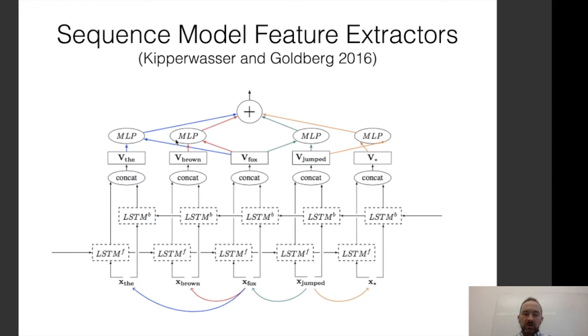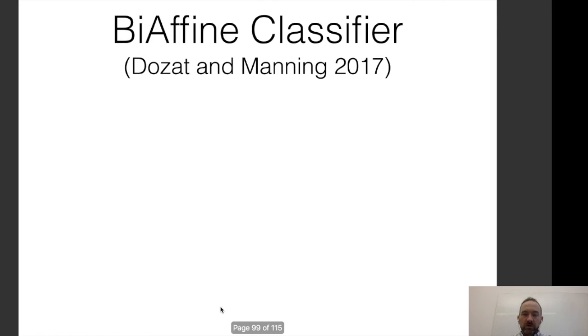And we can put them into some sort of multi-layer perceptron, for example, to calculate a score between the words, and that would become our score. So this is the original way that was proposed to do graph-based parsing with neural networks. But more recently, this method of using something called the BiAffine classifier is more widely used.